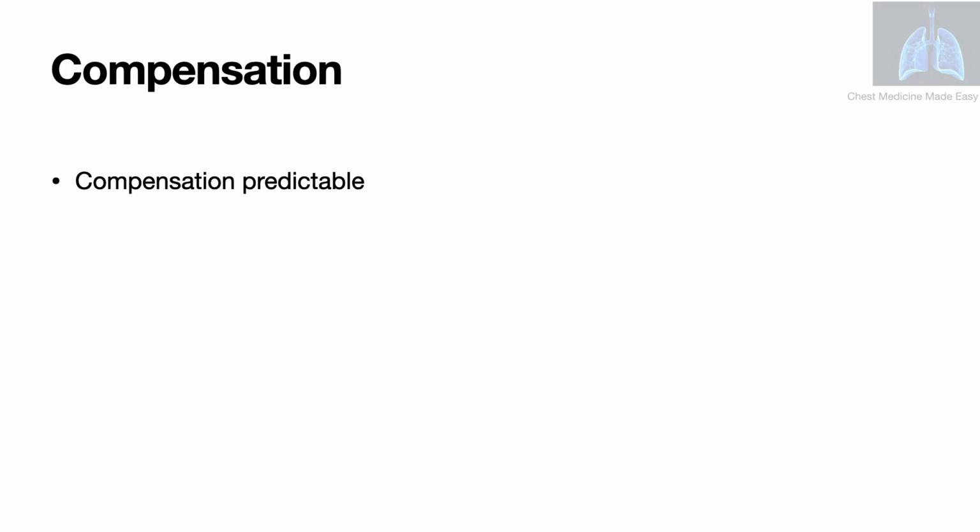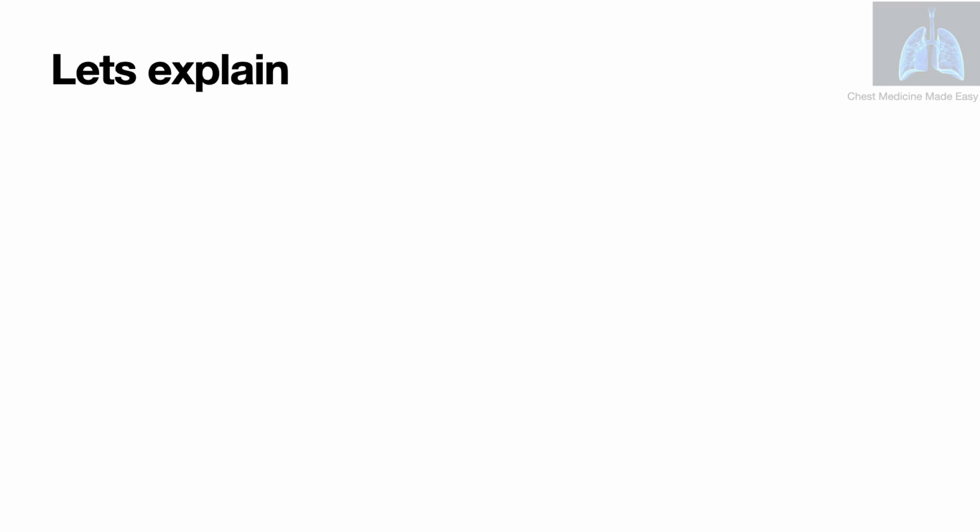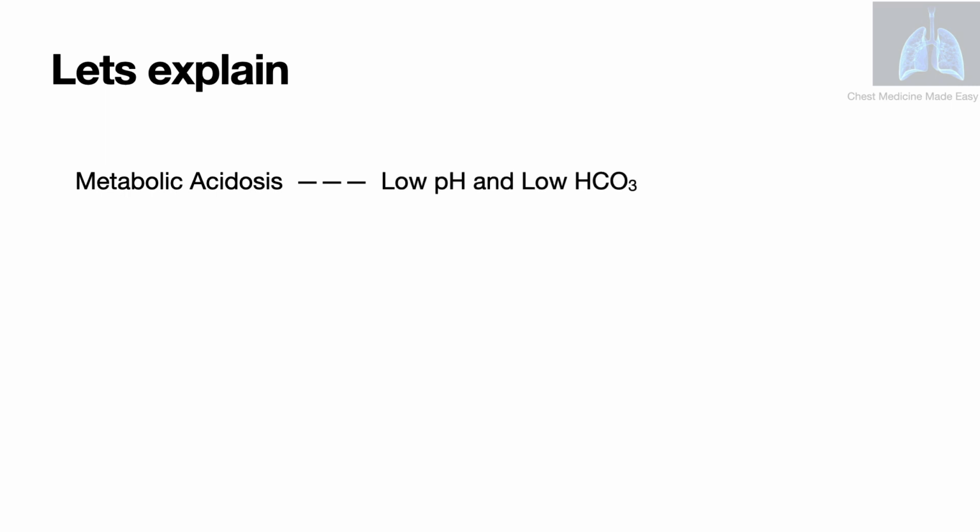Compensation happens in a predictable manner and rarely achieves a normal pH. Let us explain. Let us take metabolic acidosis to explain the point. Metabolic acidosis, if you remember, is a low pH and a low bicarbonate.